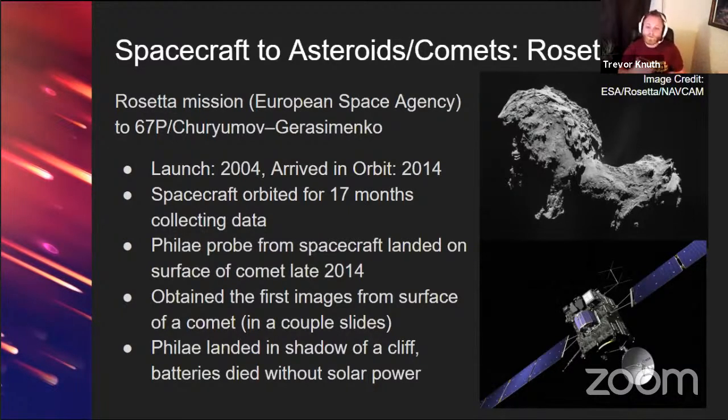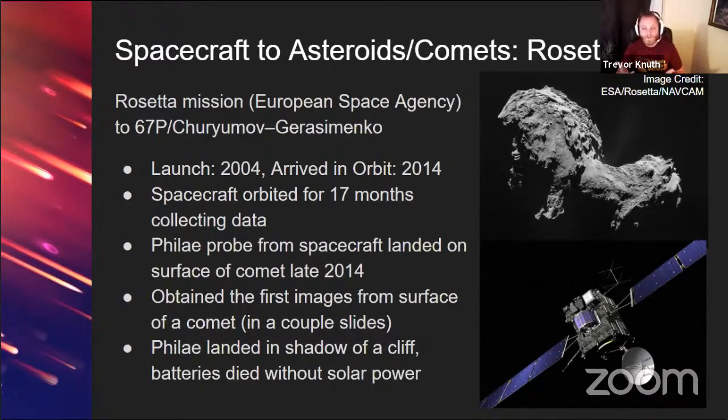Upon reaching it, it orbited for 17 months, collecting data and things like the images created here at the top right. Also, during this orbit, it released a small probe called Philae, which landed upon the surface of the comet. Because these are so much smaller, you have to use some sort of method to make the probe land and attach to the object. And so Philae used a two-harpoon system, whereupon bouncing, it fired them and would reel itself back in.